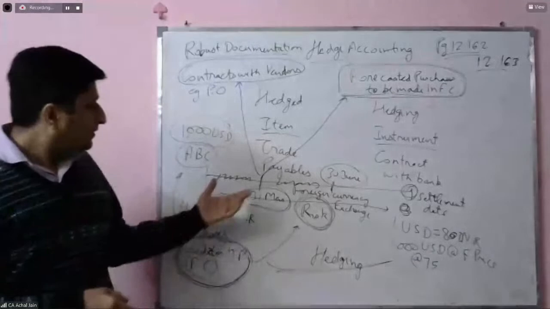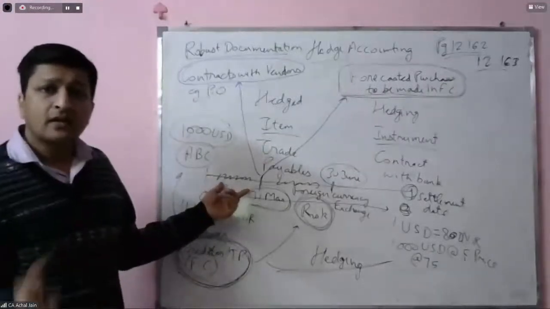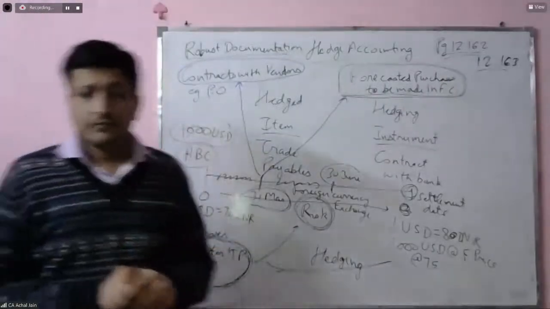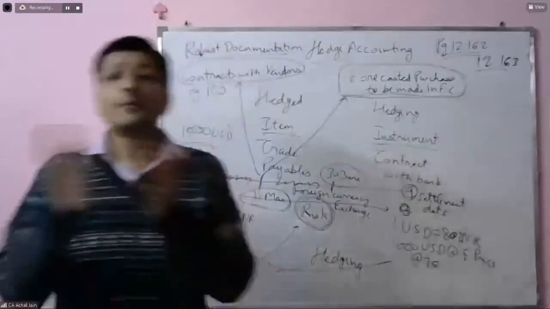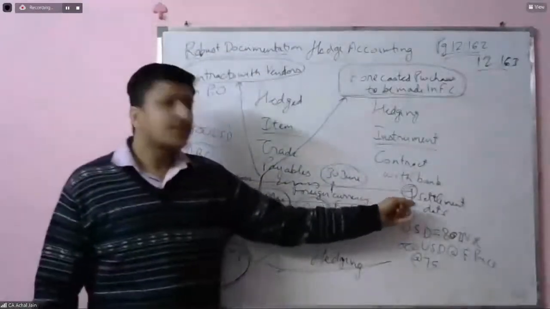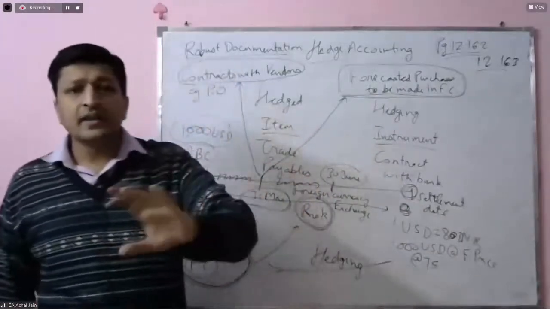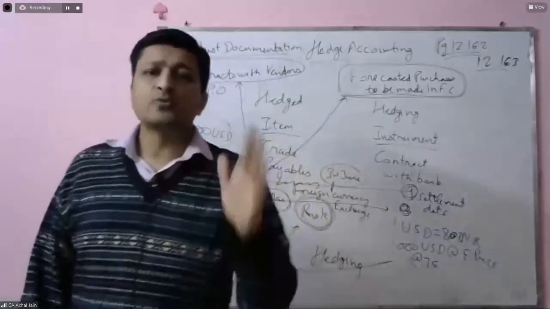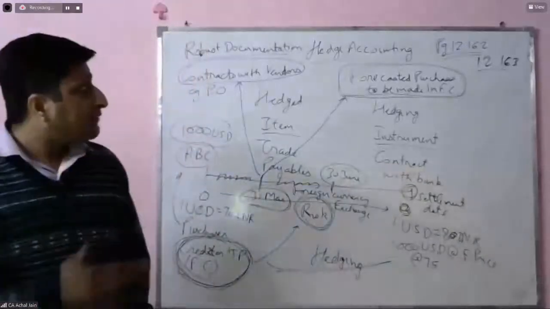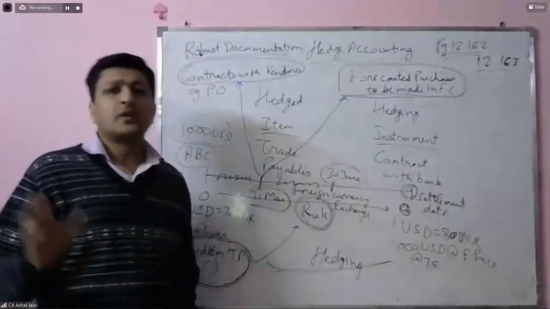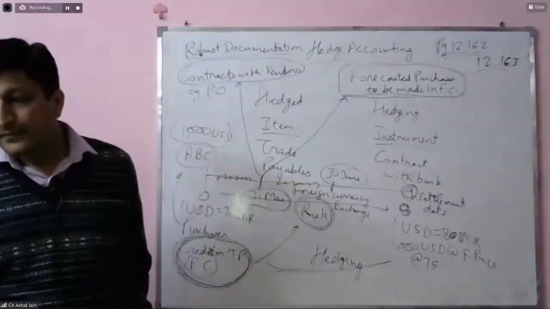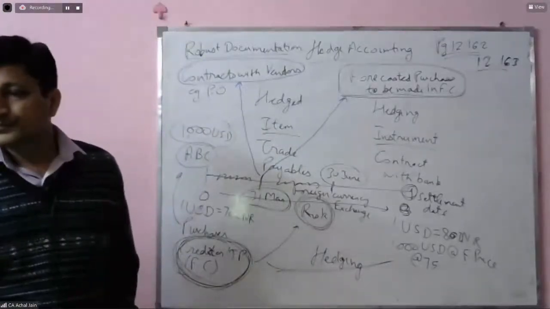That's why the volatility, the impact on the P&L, is not there. And all of them will move on to P&L when? At the time of settlement. Till then, they will remain in OCI. So that's why P&L will not be exposed to this. That's the advantage of doing hedge accounting. Clear? All of you?